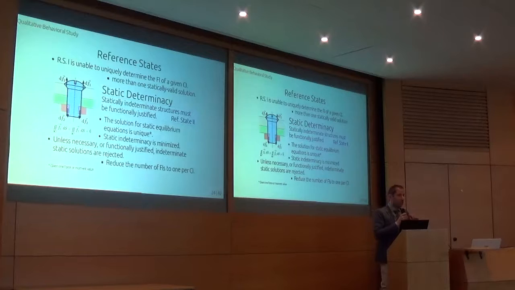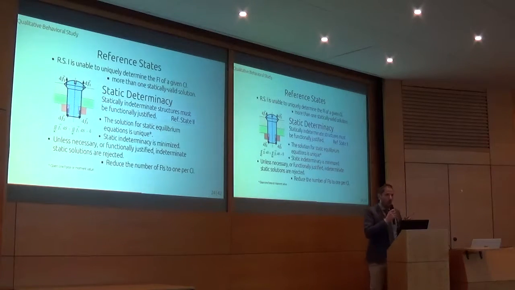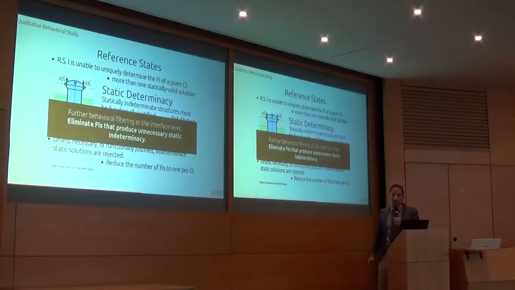It asserts that all statically indeterminate solutions must be functionally justified, otherwise they must be eliminated. The elimination of non-functional statically indeterminate solutions would lead to one functional interface per conventional interface. This provides the second and last filtering at the interface level and removes the ambiguity at this level.